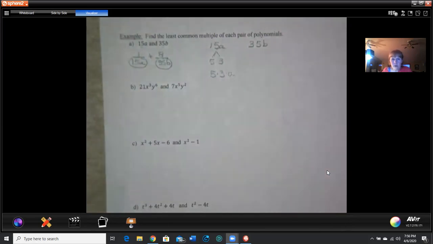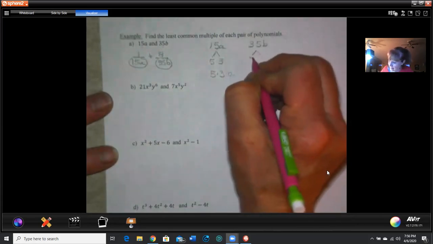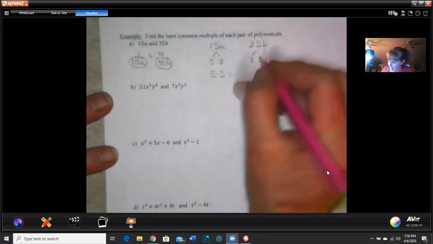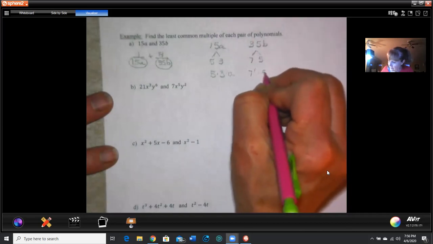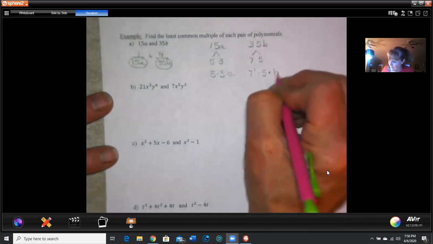And again, what we're trying to do is find out what 15 and 35 both go into. Let's break this one down: 7 times 5. They're both primes. We're done. 7 to the first times 5 to the first times, don't forget your variable b.